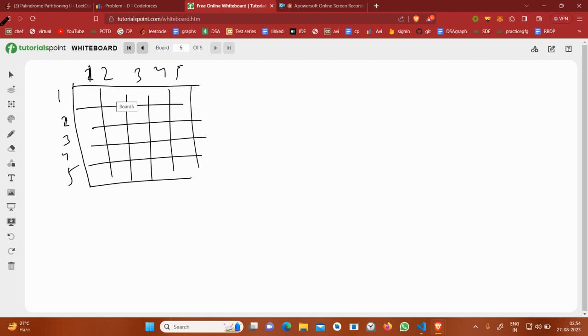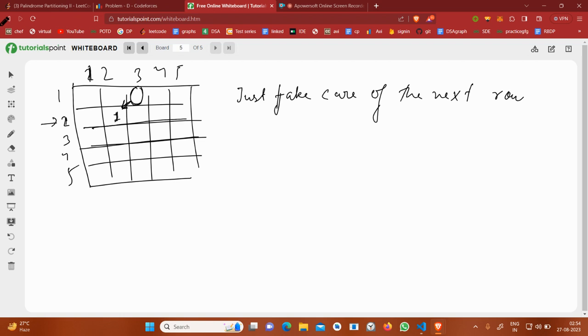So if I just perform an operation on a cell, after going to the next cell I will carry a 1, meaning these were the diagonal elements. I will just take care of the next row each time.